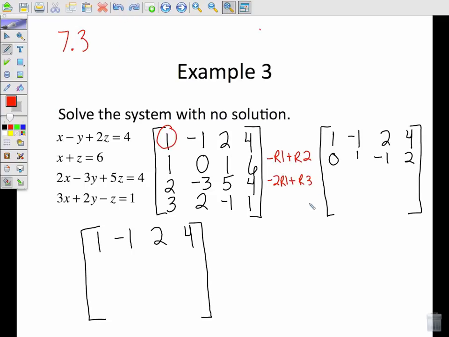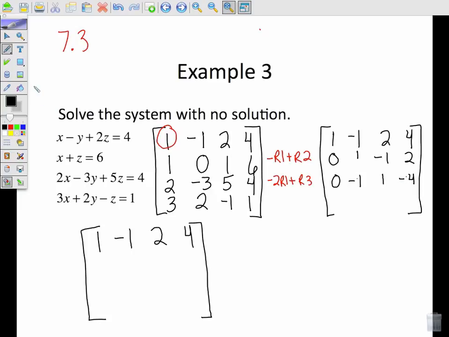All right, let's look at our results. So we've got negative 2 plus 2 is 0. 2 plus negative 3 is negative 1. Negative 4 plus 5 is 1. And negative 8 plus 4 is negative 4.